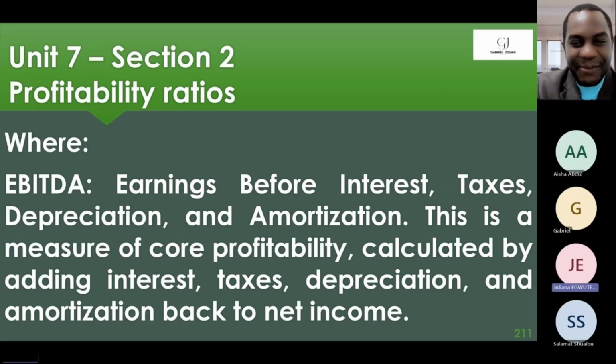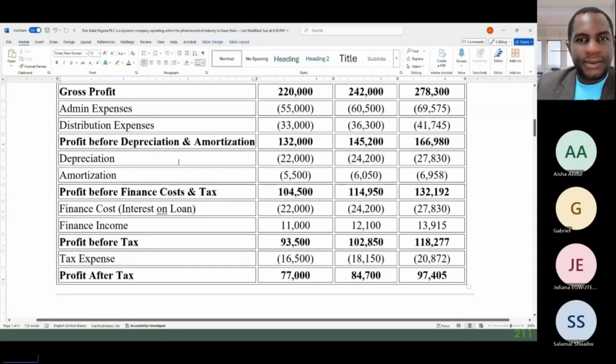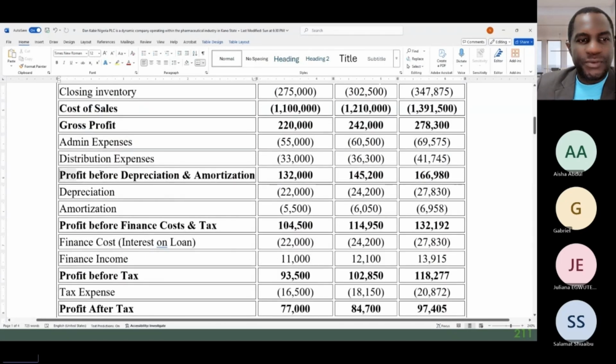Okay. So let me go back to the EBITDA again. So the EBITDA is quite a simple ratio, but it's a bit complicated. So let me go back again for clarity's sake and for Salman that was off and on. So the earnings before interest, the first earnings that we'll look at from our case here is the profit before depreciation and amortization.